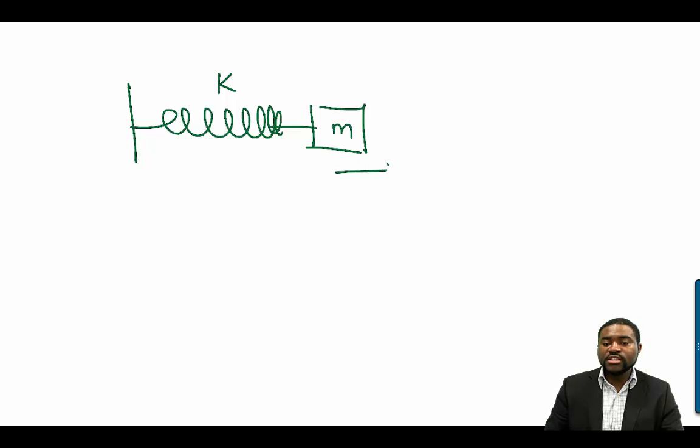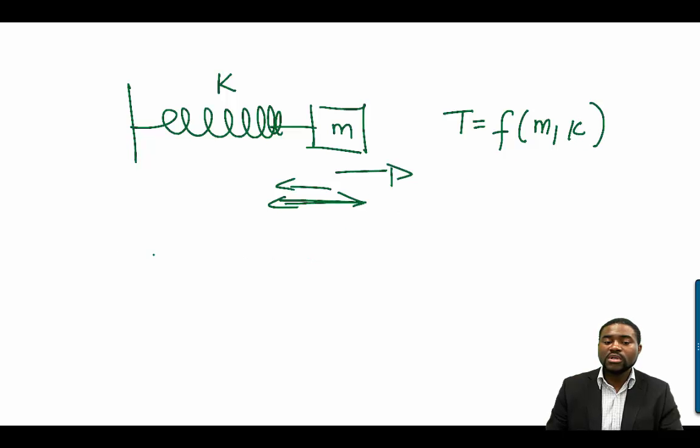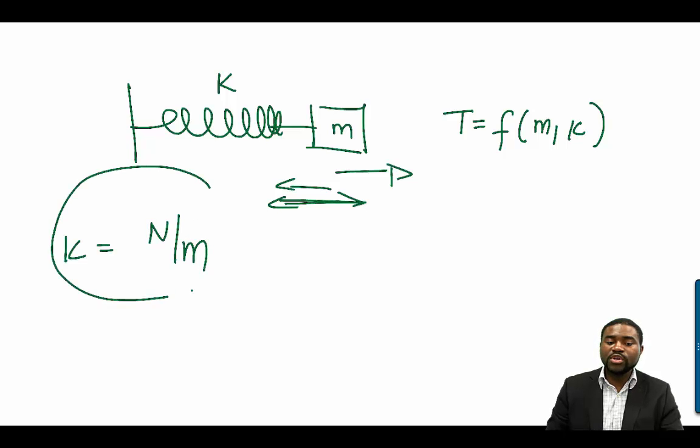If we extend this spring and let go, what happens? The spring will oscillate. Now we need to find out how the period of oscillation of the spring depends on the mass and the spring constant. The spring constant k is measured in newtons per meter. You can use this to come up with the dimensions of k. So everybody get to work.